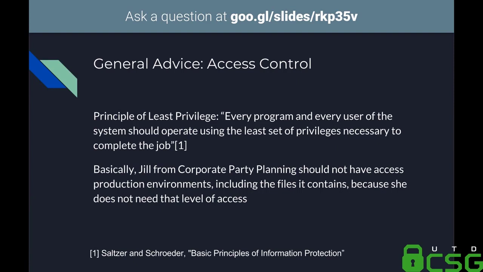Access control is highly important. If someone who is lower level in some corporate environment, for example, Jill from Corporate Party Planning, has access to the most important machine within the company, then there's something wrong there. They should never have that kind of access if they don't need it.